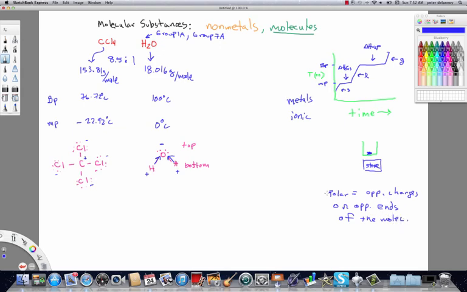Are there opposite charges on opposite ends of the molecule? And if there are, the molecule is polar.